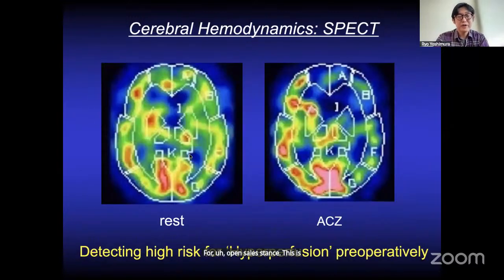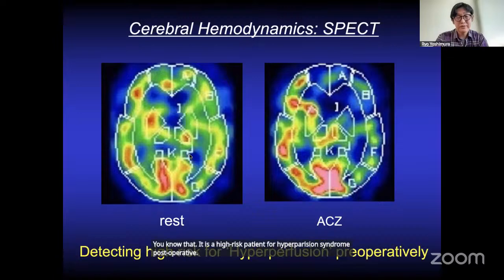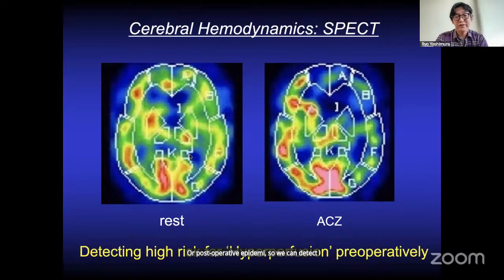This is a very typical case of misery perfusion status revealed with SPECT. It is a high-risk patient for hyperperfusion syndrome postoperatively, so we can detect and predict the high-risk patients for hyperperfusion syndrome.